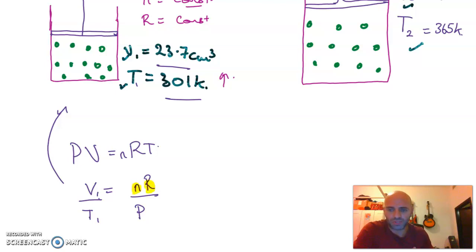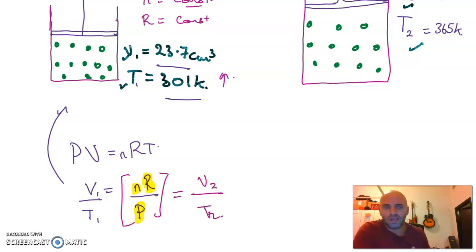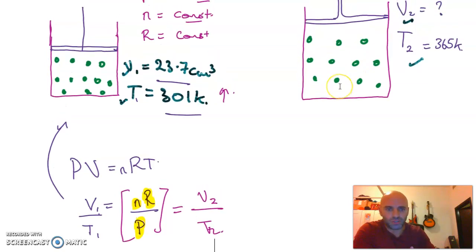So the number of moles is constant, the gas constant is constant, and the pressure, we're told, is also constant. So because all of this is constant, that means that the ratio of V1 over T1 should be the exact same as V2 over T2, okay? In other words, the volume to temperature ratio should stay the same.